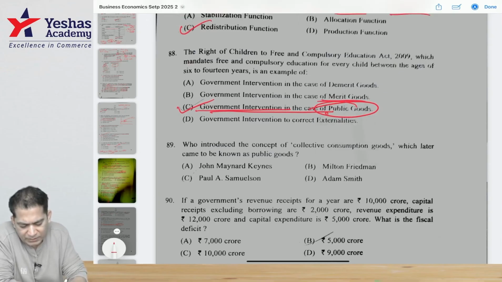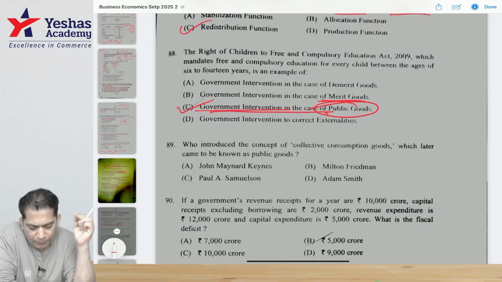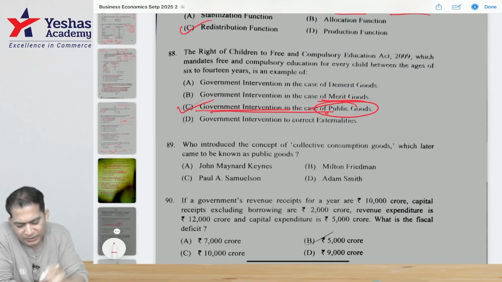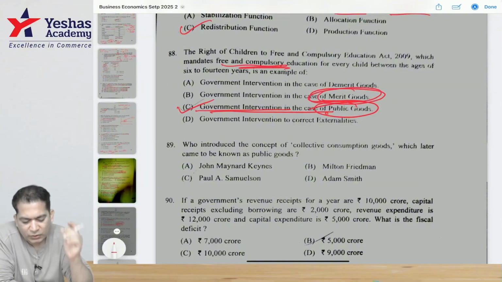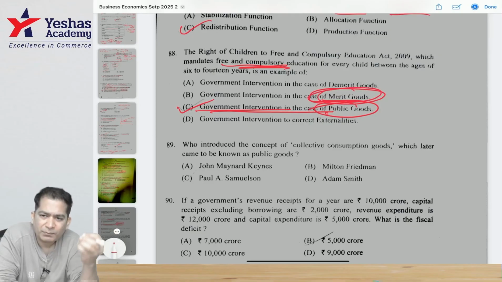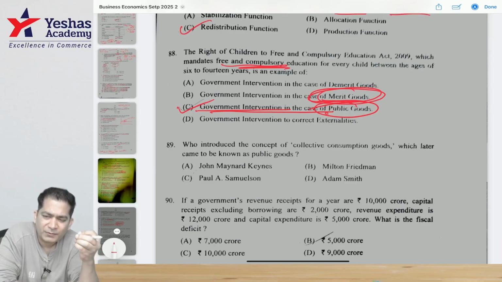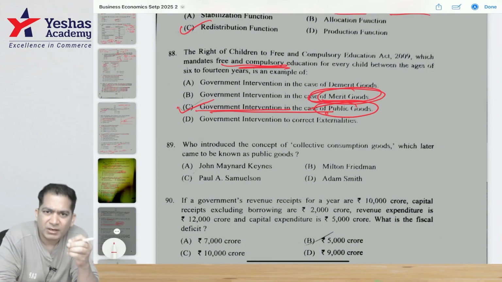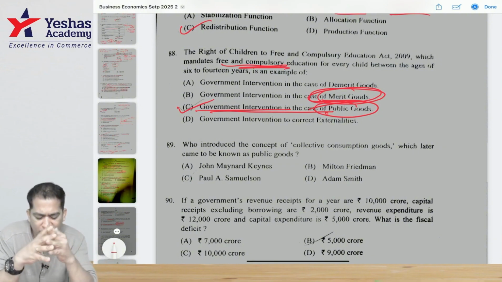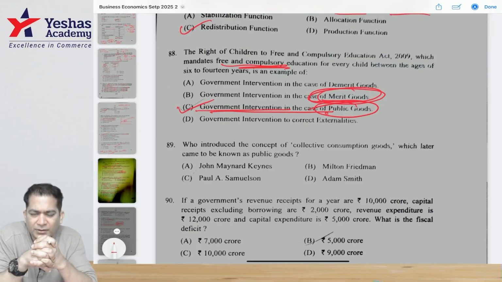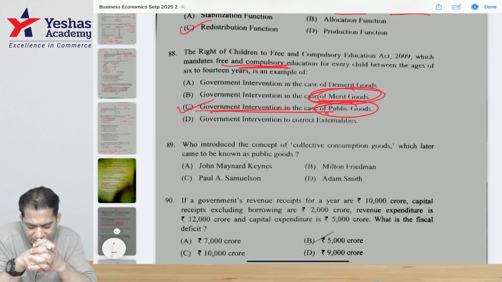But here the problem is education is also a merit good, which mandates free and compulsory education. So government can impose upon people to educate their child, as in case of RTE, right to education, wherein kids between 6 to 14 years have the fundamental right to education, and it has been included as a part of the fundamental rights.